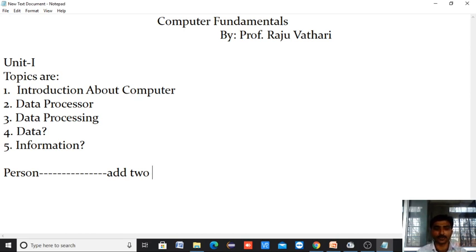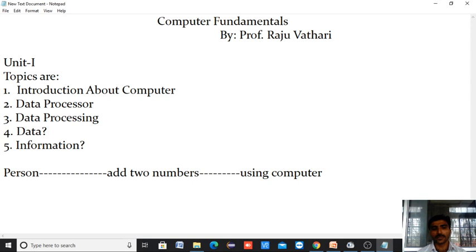He wants to calculate these two numbers very fast. At that time, what does he have to do? He calculates the two numbers using a computer.